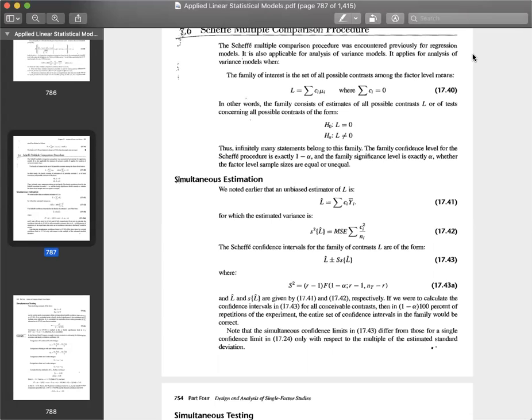The Scheffe confidence intervals for the family of contrasts L are of the form L hat plus or minus S times s of L hat, where S squared is equal to r minus 1 times the F statistic F(1 minus alpha; r minus 1, nT minus r). Note that the simultaneous confidence limits differ from those for a single confidence limit.